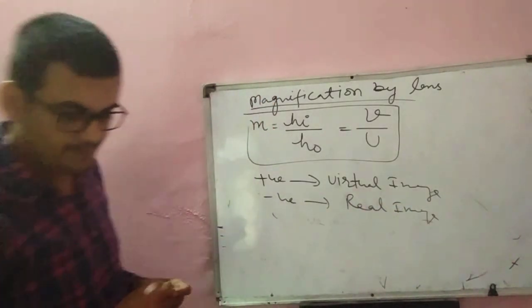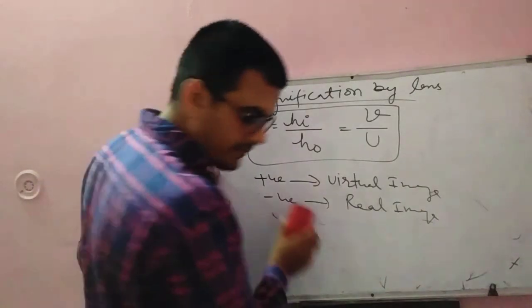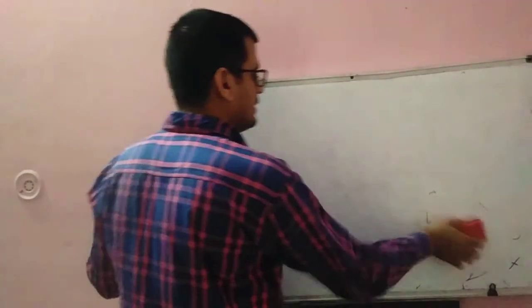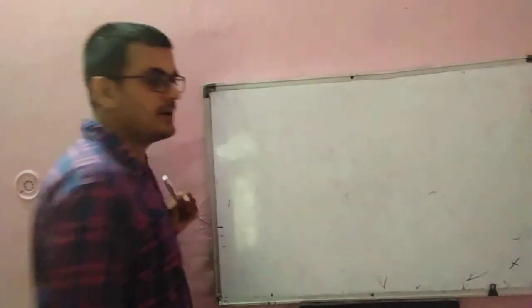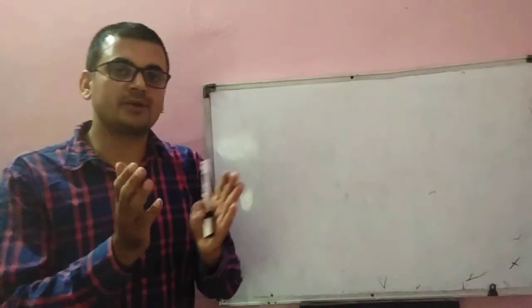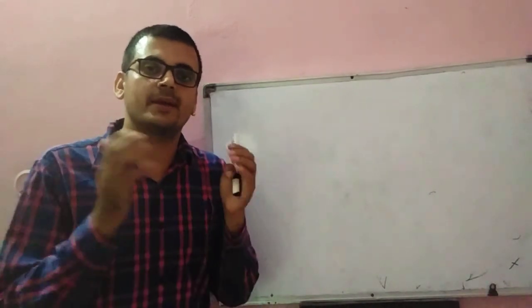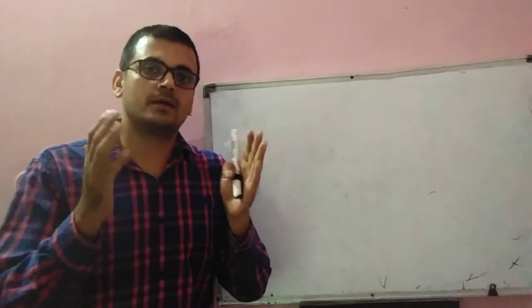Okay, next one is power of lens. Power is the ability to converge or diverge the ray of light coming to the lens.